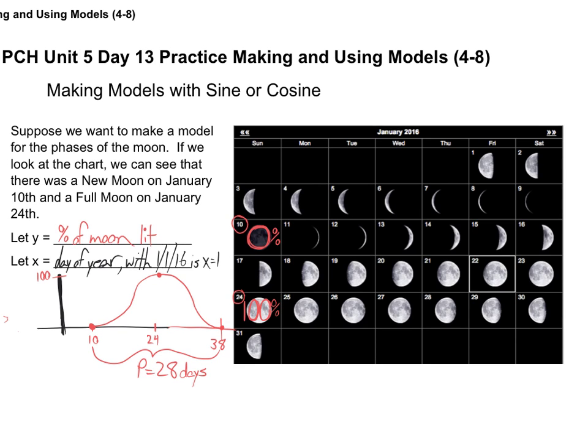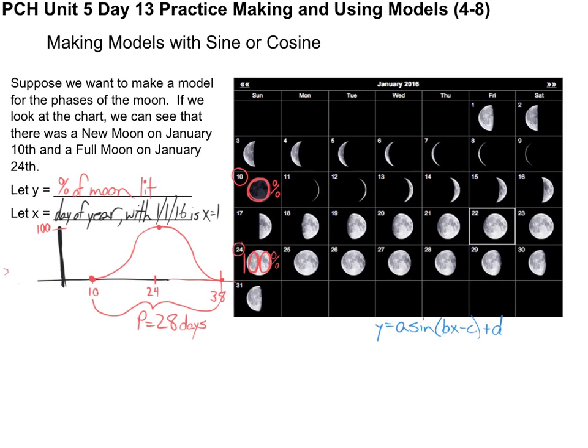Now, let's remind ourselves what our model is going to look like. Y equals A times the sine of bx minus c, plus d. At this point we can actually figure out one of the pieces in there.